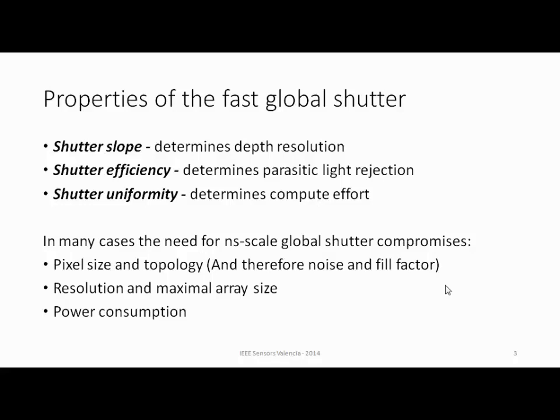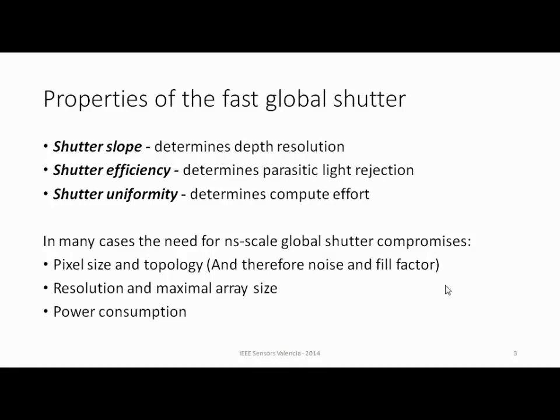The shutter uniformity, or how the shutter operates over the entire array of pixels, determines a lot my compute power, because if each pixel's shutter form varies, or if the shutter form varies largely between adjacent or far away pixels, I need to compute the depth differently for each one of the pixels, and that complicates a lot my depth calculation. So a good shutter is uniform, very efficient in opening and closing, and very fast.